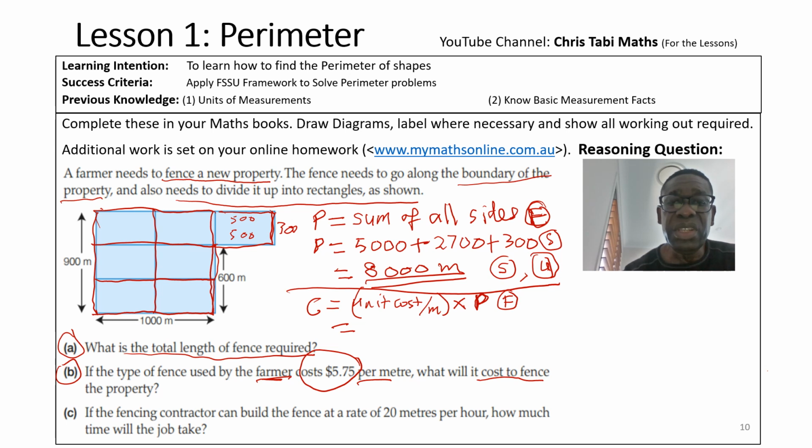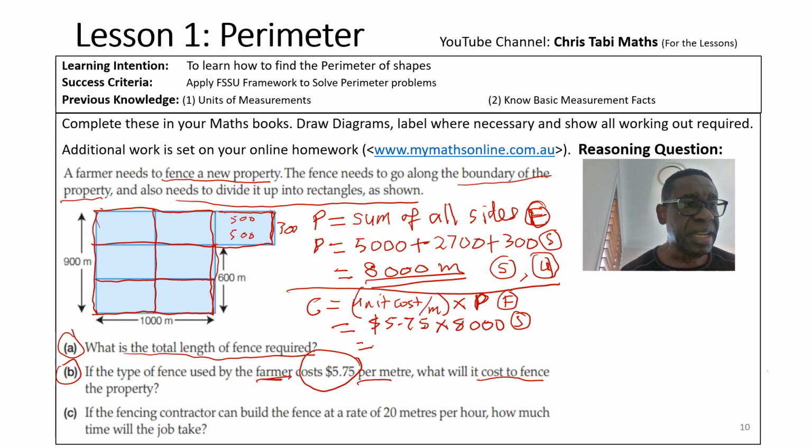Our substitution will be $5.75 multiplied by 8,000. That's our substitution, and that should be equal to, we need a calculator to help us to do this. So grab your calculator and do 5.75 times that.